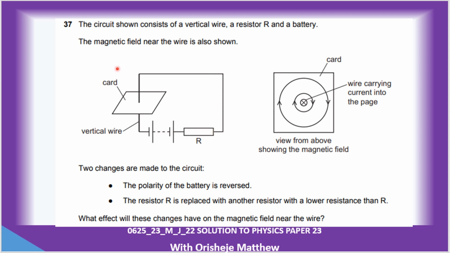So current is flowing down, into the paper. So if you use the right hand grip rule, grip the wire on top of the paper so that your thumb is pointing down. The magnetic field goes round the wire in a clockwise direction.